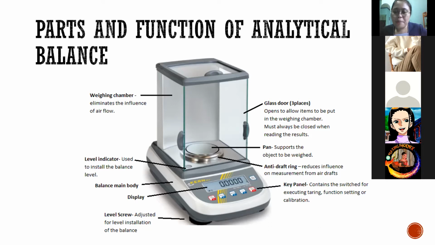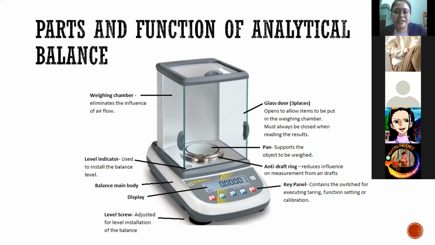And then of course the pan. This is where you place the sample that you are going to weigh. Okay? And class, do not forget that there should be no direct contact between the object or the sample and the pan, especially if the chemical is highly corrosive, because it will corrode our pan.